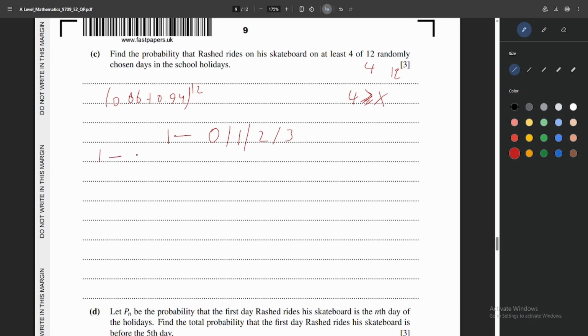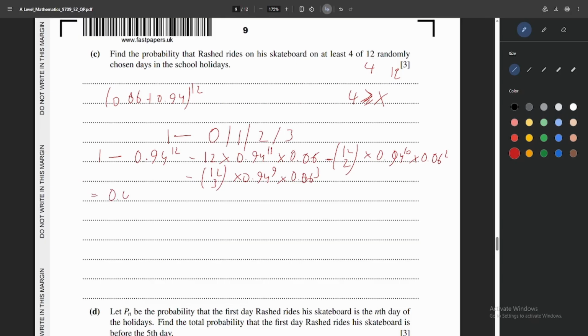Him riding 0 days is 0.94 to the power 12, minus, for 1 day, 12C1, so 12 times 0.94 to the power 11 times 0.06, minus 12C2 times 0.94 to the power 10 times 0.06 squared, minus 12C3 times 0.94 to the power 9 times 0.06 cubed.